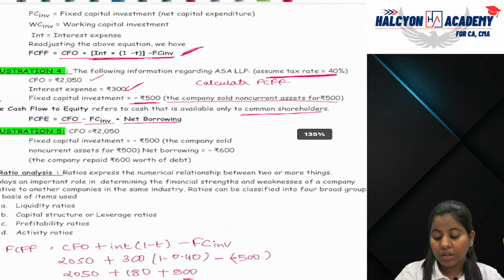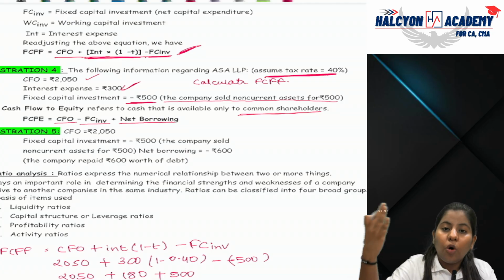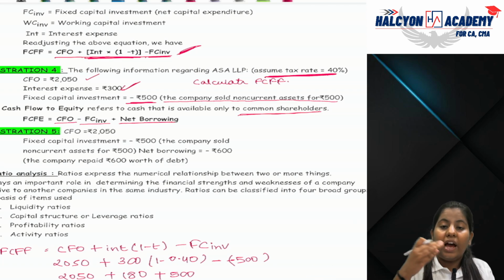Because that debt, we don't have to pay back immediately. That cash which we got from the borrowing, we have that now. So for now, the cash is available for the common shareholders only.